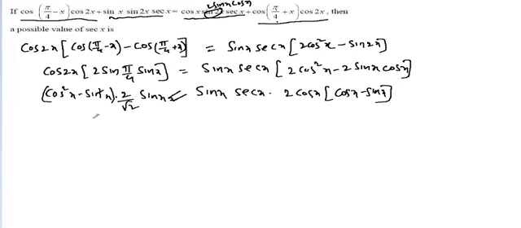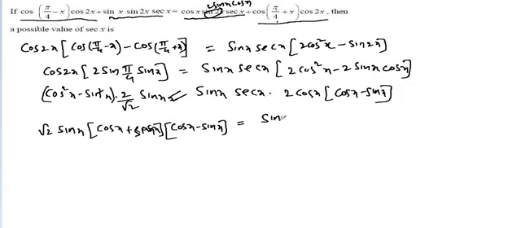So a root 2 cancels, that is root 2 into sin x. This is a square minus b square, that is a plus b into a minus b, that is cos x plus sin x into cos x minus sin x, that is equal to sin x into cos x into secant x, which is 1, that is 2 sin x into cos x minus sin x.